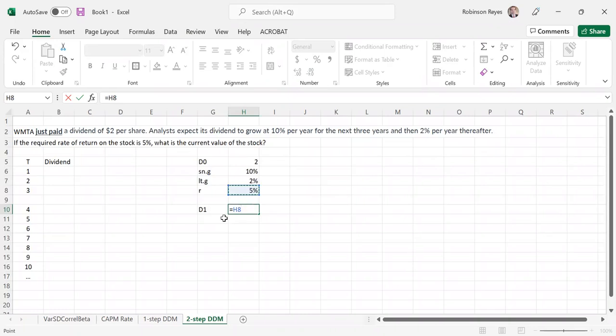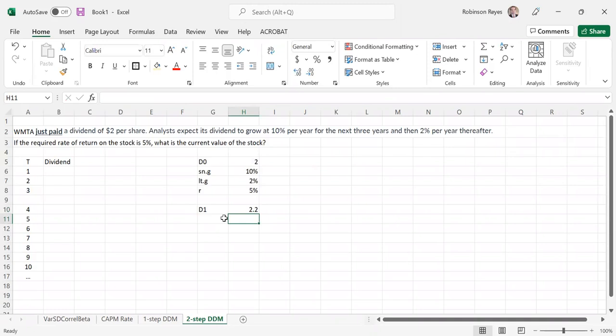So the next dividend will be equal to the dividend the company just paid times 1 plus 10%. This is exactly the same as saying 2 plus 10% of 2. In other words, you're allowing the dividend D0 to grow by 10%. And now we have 2.2.